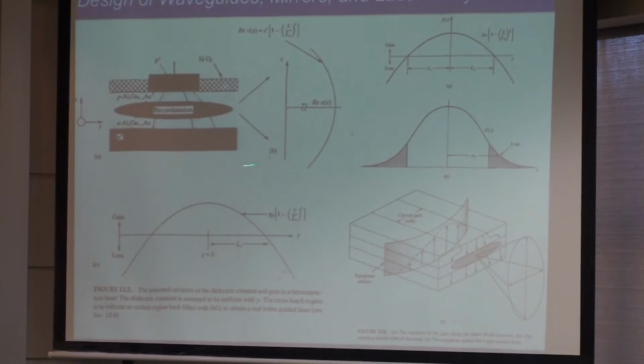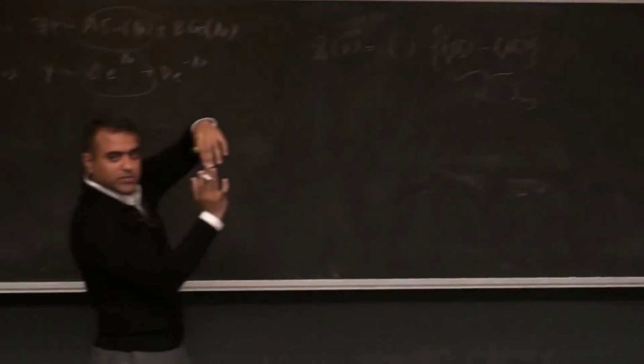In the wings here, the phase lags a little bit, whereas in the top the phase leads, and therefore this is an equiphase surface, so you have a curved profile.